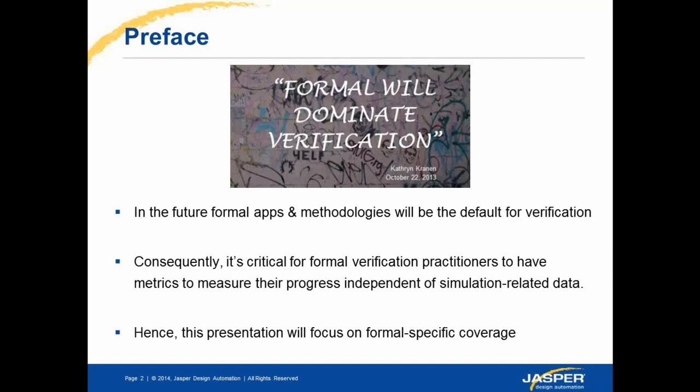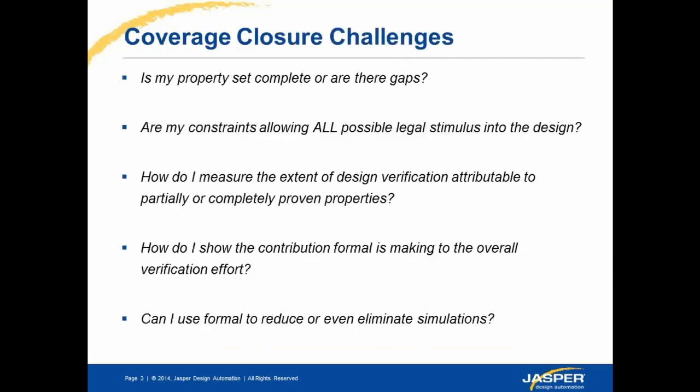So when I say coverage, what are the things that spring to your mind? Well, is my property set complete? Are my constraints allowing all valid stimulus? Or am I done with my formal verification?